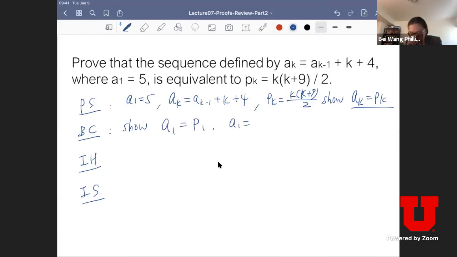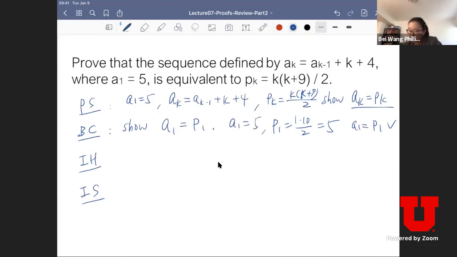A1 is equal to 5. And P1, we can substitute into the formula, which is 1 times 10 over 2. So it's 1 times 1 plus 9, which is 10, over 2, and this is 5. So we know that A1 is equal to P1 for the base case.